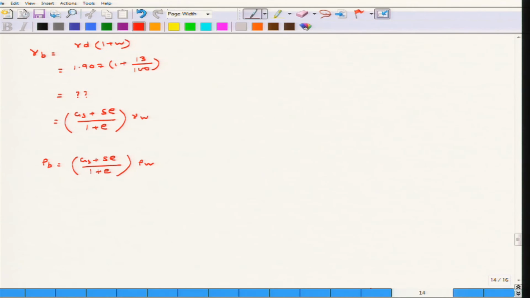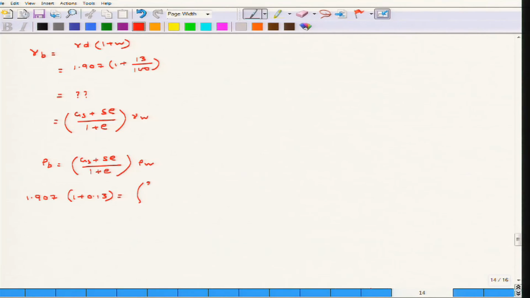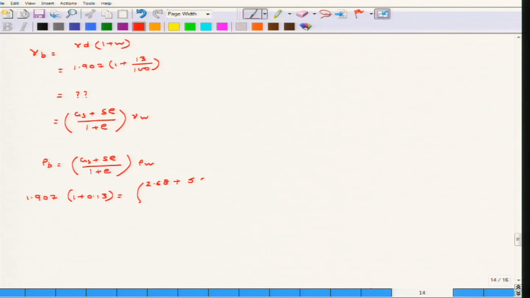Now, rho bulk is already known to us, rho bulk is 1.907 into 1 plus 0.13 and this Gs is 2.68. So, 2.68 plus Se, where e is known at that point, which we have calculated as 0.406. So, 0.406, 1 plus 0.406, and density of water is known to us as 1 gram per cc.